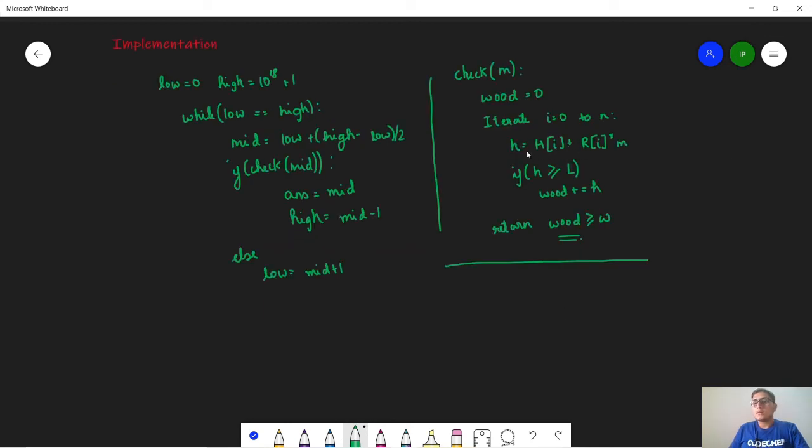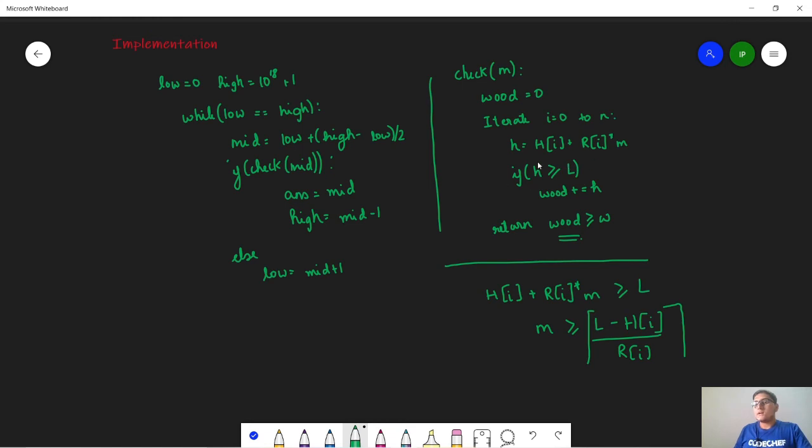Now, one of the important things to notice is that r[i] and m can both be 10 to the power 18. Hence, this can give you overflow. To avoid this, instead of checking h[i] plus r[i] star m is greater than or equal to L, we can check whether m is greater than or equal to, we transfer l[i] and r[i] this side, the ceil value of (L minus h[i]) divided by r[i].